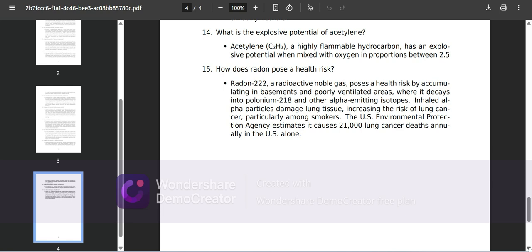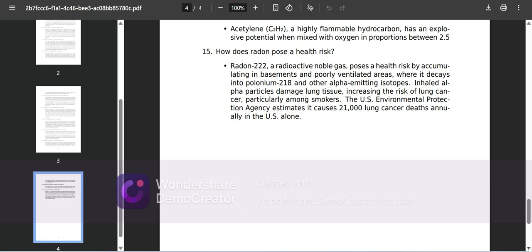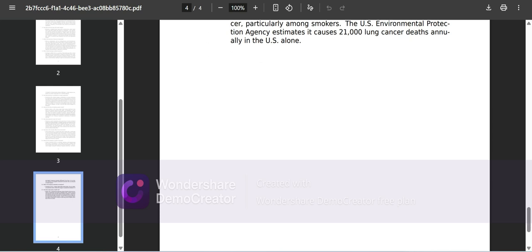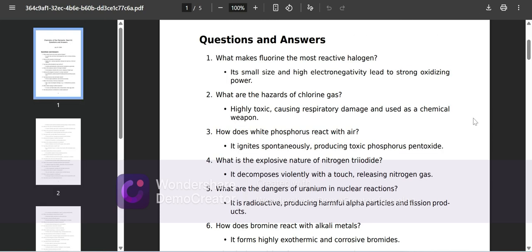Inhaled alpha particles damage lung tissue, increasing the risk of lung cancer, particularly among smokers. The US Environmental Protection Agency estimates it causes 21,000 lung cancer deaths annually in the US alone.